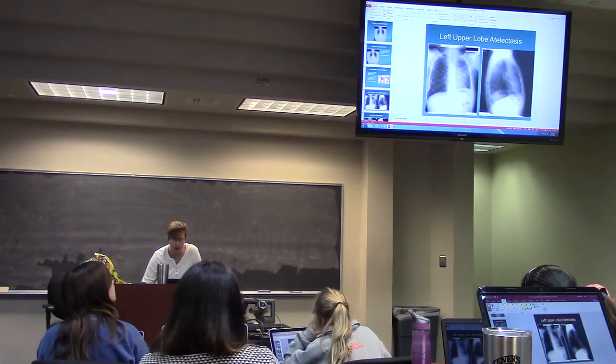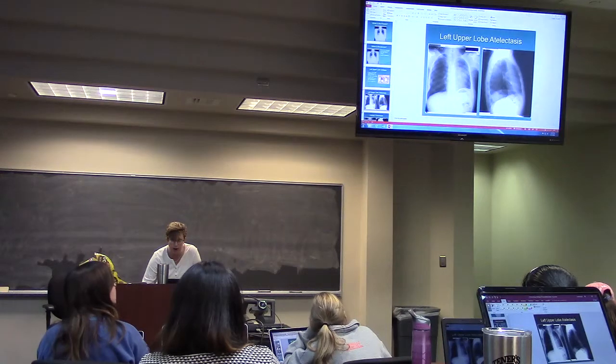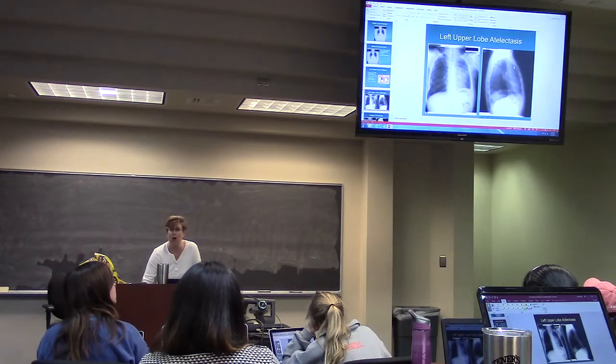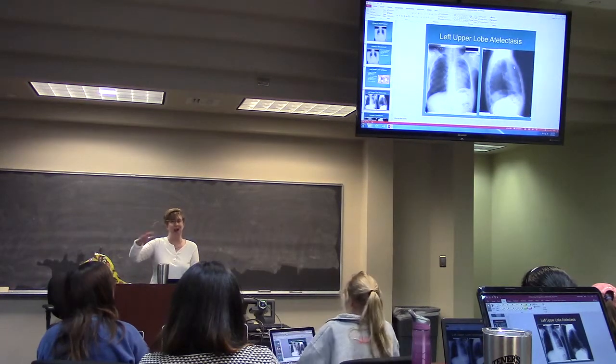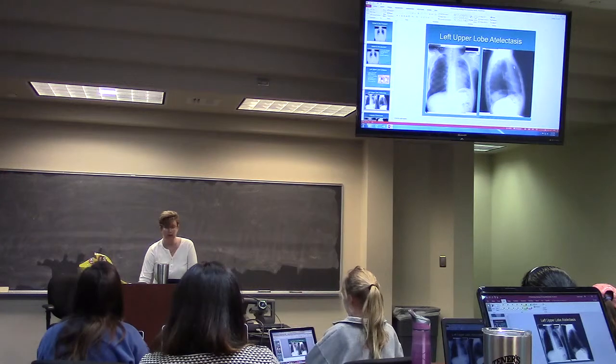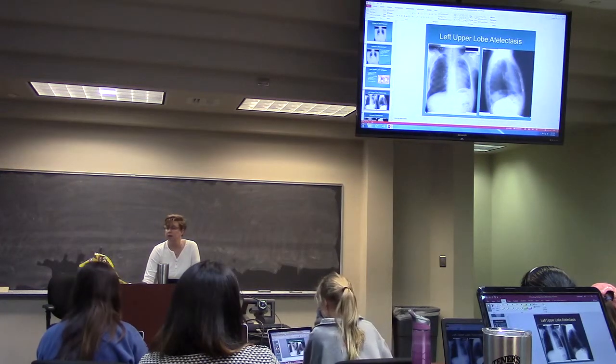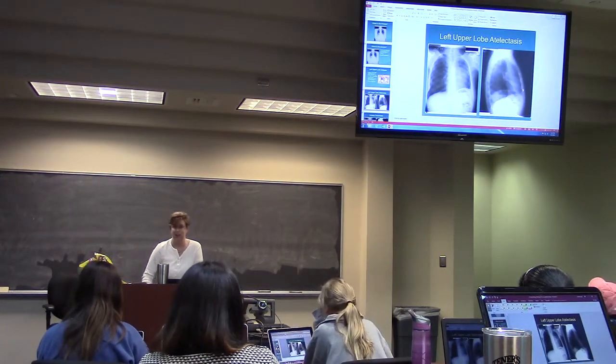So the upper lobe is now right here. In fact, I lost really that dark, remember, anterior to the heart should be blacker. That's really gone, because that lung is collapsed.